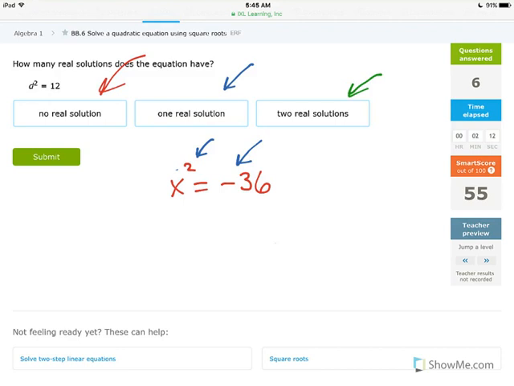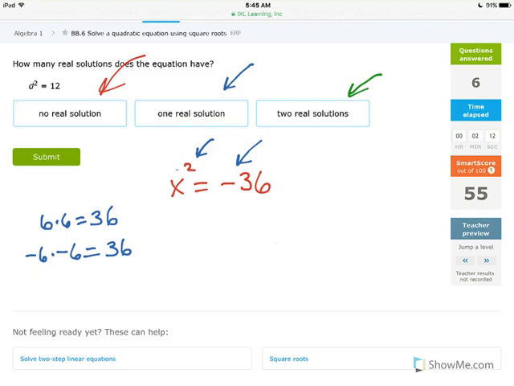So for example, if you tried to make negative 36, let's say you tried 6 and 6. 6 times 6 does make 36, but it's not making negative 36, which is what we need. Negative 6 times negative 6 makes positive 36. So again, it's not making the negative 36.